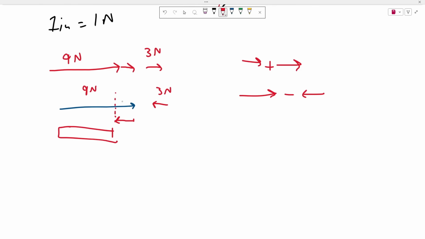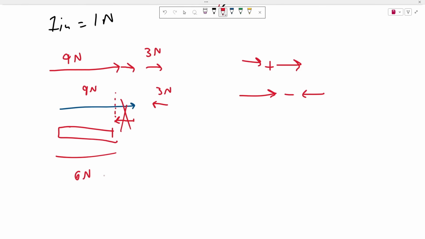That way it looks like you took out that 3 Newton chunk. Your resulting vector would of course be 6 newtons long. So that's pretty much everything you need to know about vectors, adding vectors, scalars, resultant vectors, addition and subtraction, the triangle method. So you should be covered in that case.